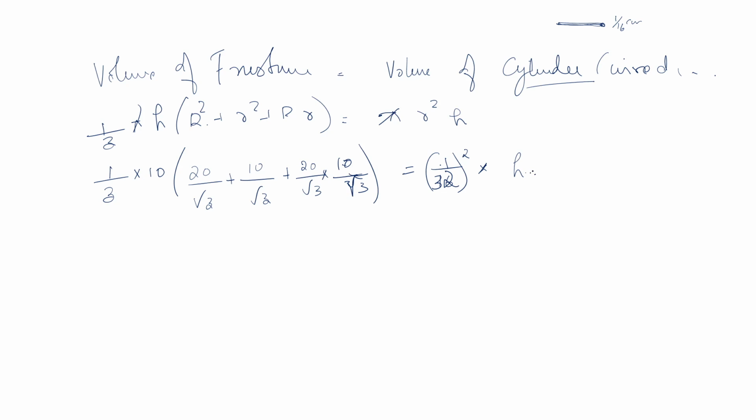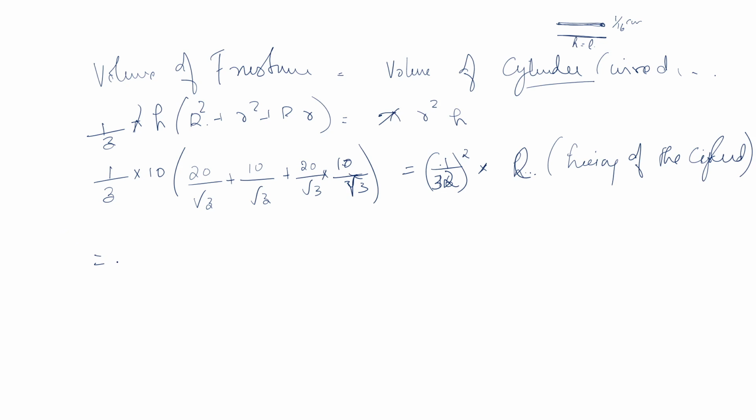This height is nothing but the length. This is what is asked now. Cylinder height is the length, so we can take it as L. L is nothing but the height of the cylinder. As it is a wire, this is considered as the length.